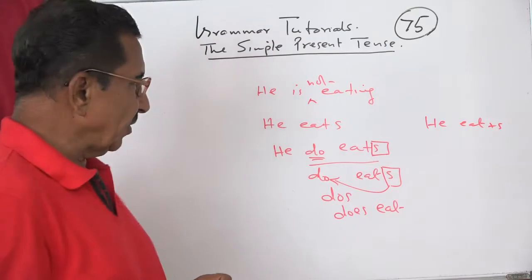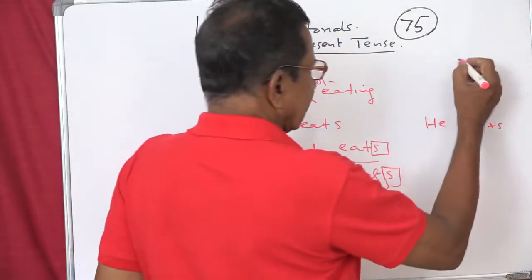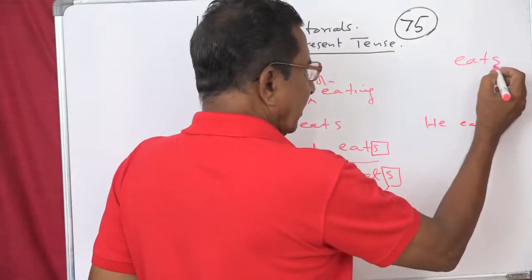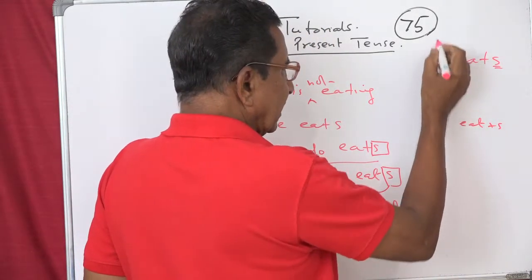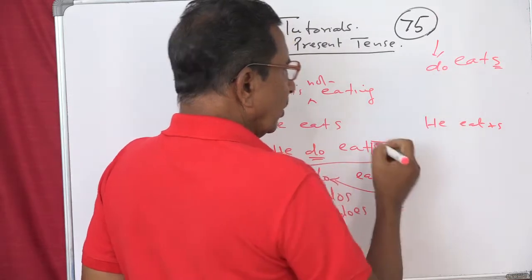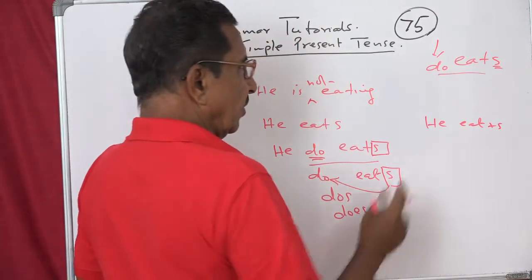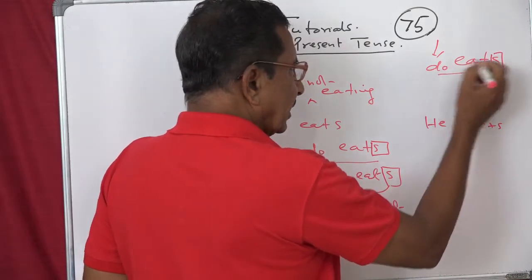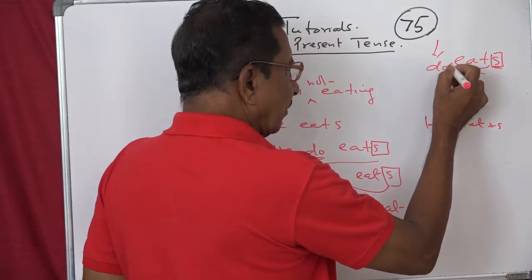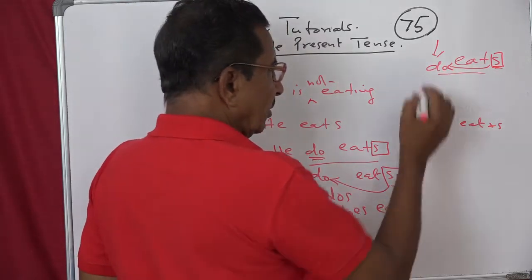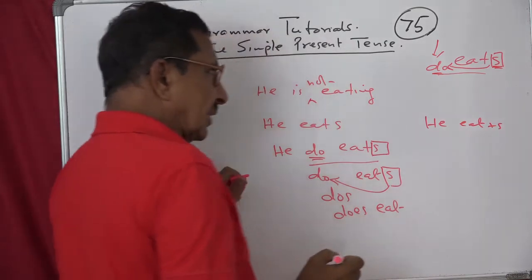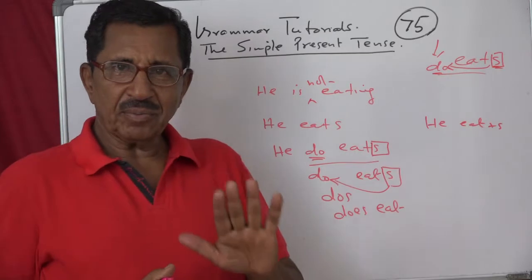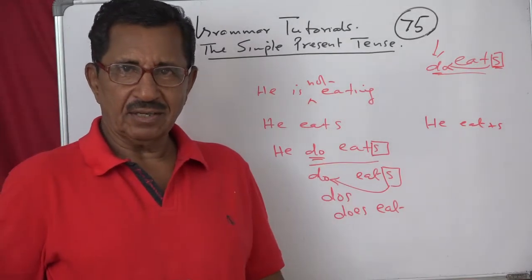See, here you can see, I will show this once again. Eats. There is only one member. So tense marker S. By inserting do, you make it two. When there are two members, the tense marker will be taken and added to the first member. Or do is an auxiliary, you can also say the same thing by saying that the tense marker is added to the auxiliary.